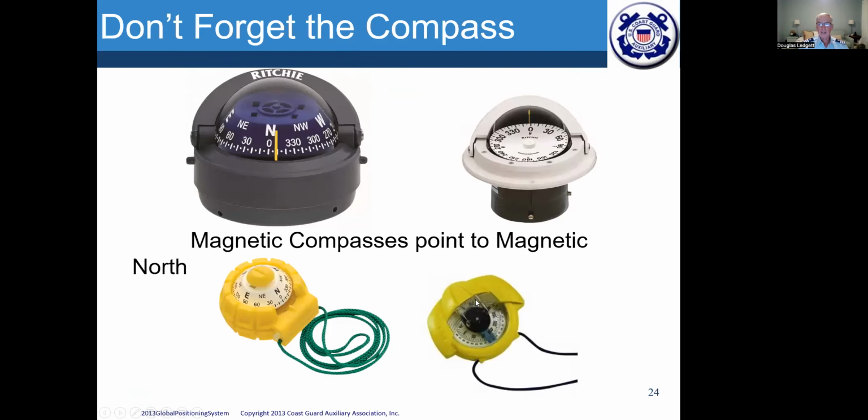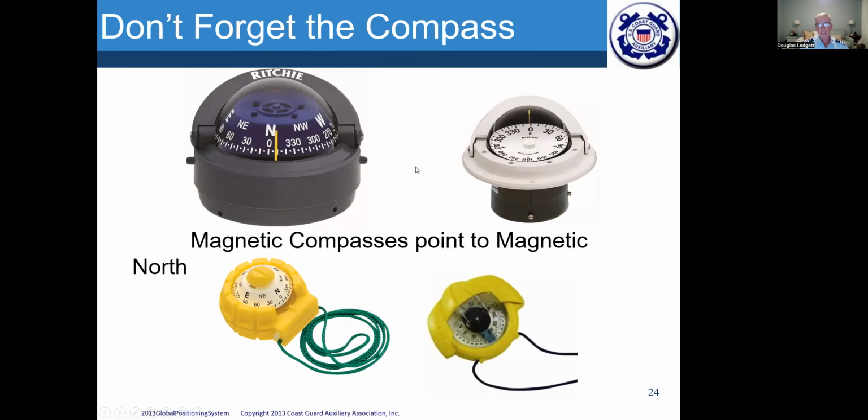So we have some ways to determine where we are. Don't forget your compass. Well, what's the problem with a compass? Compasses are based on magnetic north, and if you put them near metal, or you have some kind of electrical interference, it may turn your compass. I can tell you this from experience. When we were kids, we left Chatham on Cape Cod and went to Nantucket, and we didn't have a compass to get home.